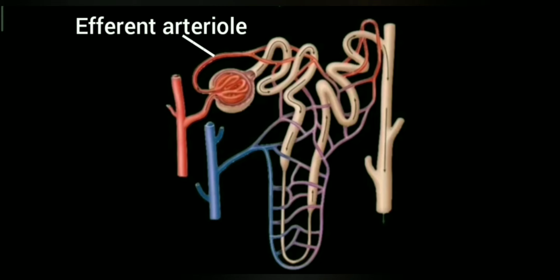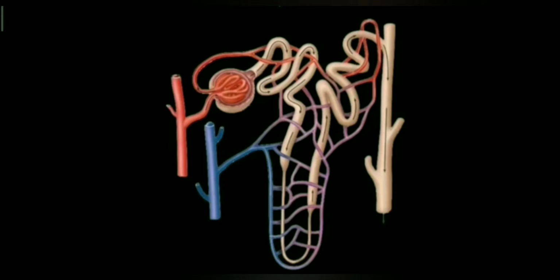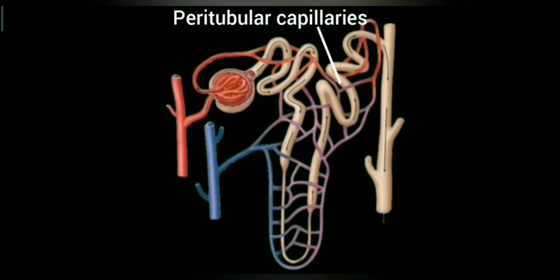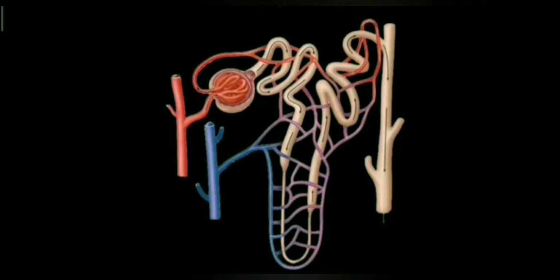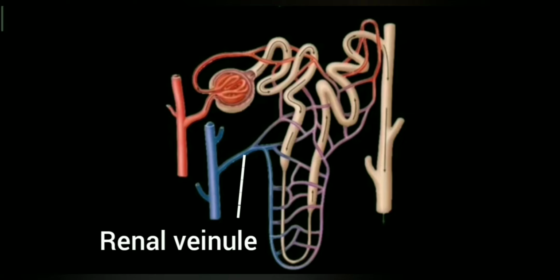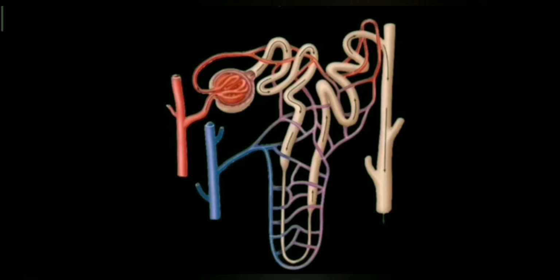Now this efferent arteriole passes blood to the peritubular capillary network. As these capillaries unite together, they form venules, so the blood enters into the renal venule. These venules unite together to form the renal vein. So the blood exits from the kidney through the renal vein.